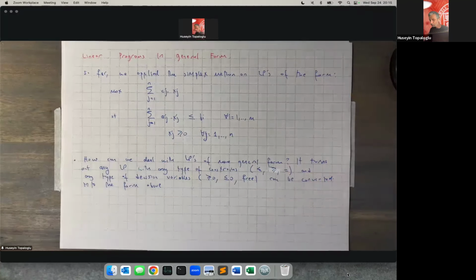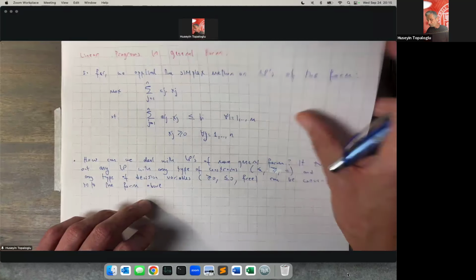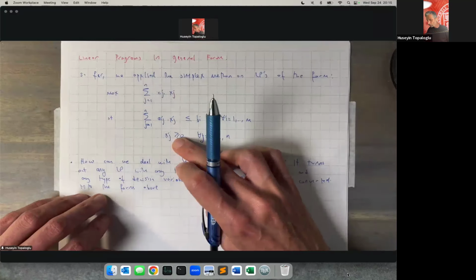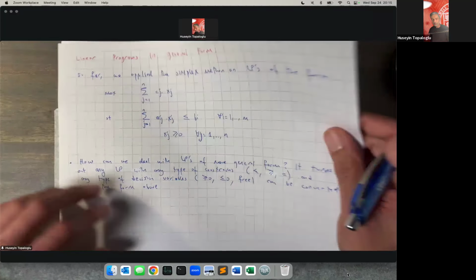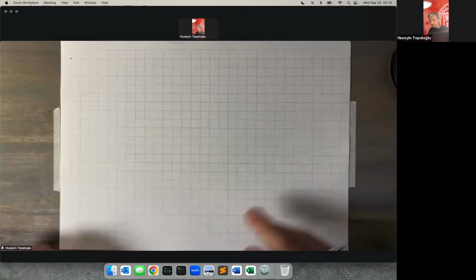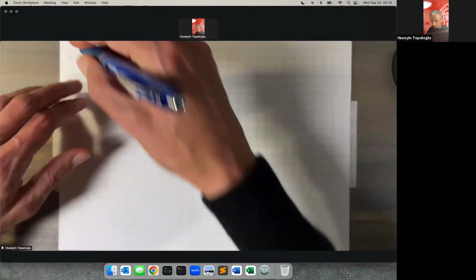Let's see how I can take a general linear program and always convert it into this form. Observation number 1. If you give me an objective function that I'm minimizing, I can always turn the problem into a maximization problem by maximizing the negative of the objective function.